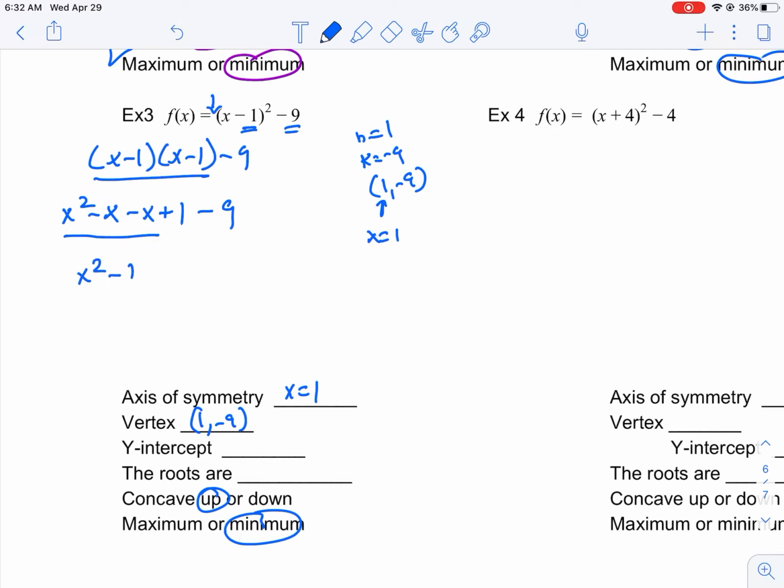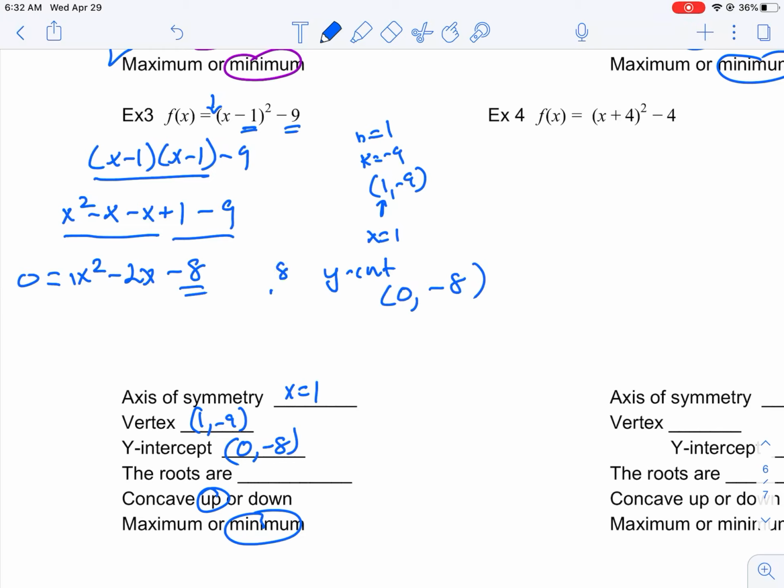Simplify. X squared minus 2x minus 8. Okay? So right away we know that the y-intercept is (0, -8). Okay? Now we set this equal to 0, and we factor.